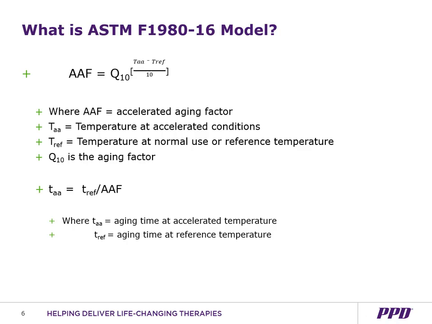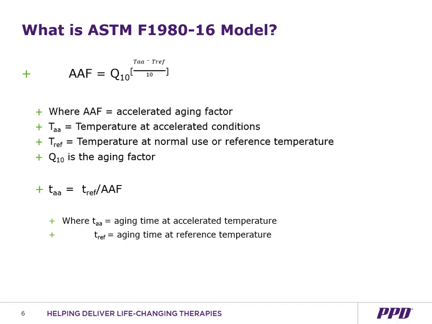So the ASTM model was developed as a guide for accelerated aging of sterile barrier systems for medical device testing. It had previously been proposed as a way to calculate and justify accelerated migration testing for extractables and leachables studies. The technique is based on an accelerated aging factor, or an AAF, and equated that to the accelerated temperature minus the reference temperature, or the normal use temperature, and the Q10 aging factor.